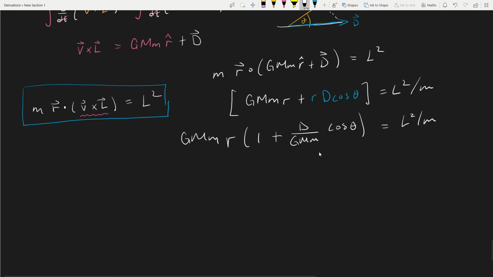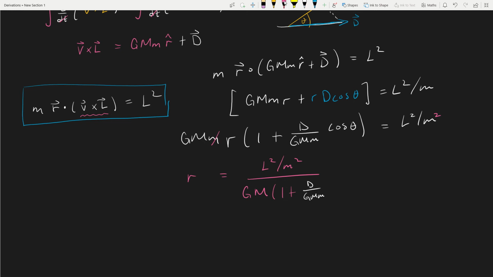All right, so we're obviously getting very close here. We're going to divide both sides by m, so this m is gone, and we pick up a square here. What we get is r on this side. On the other side, we get L squared over m squared, all over GM outside of 1 plus d over GMm, little m, times cos theta.